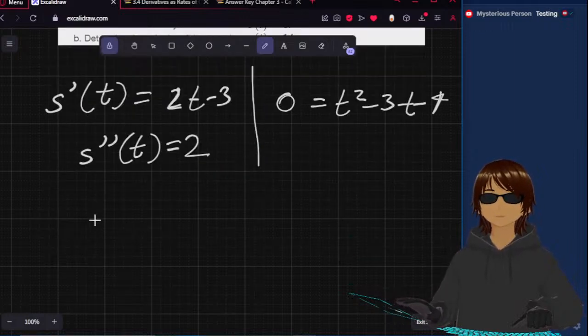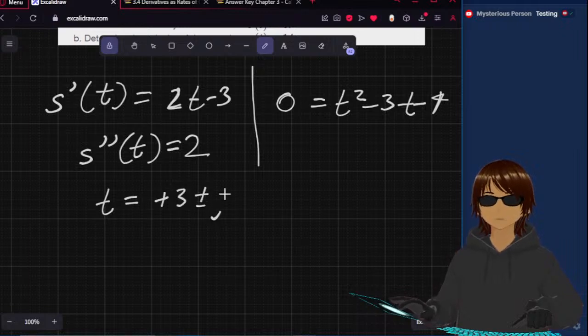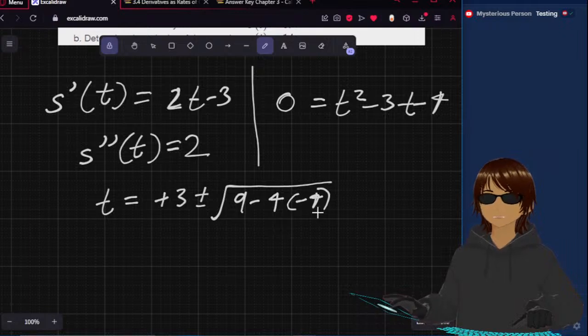It's the quadratic formula. t is equal to minus b plus or minus the square root of b squared minus 4ac, over 2a.